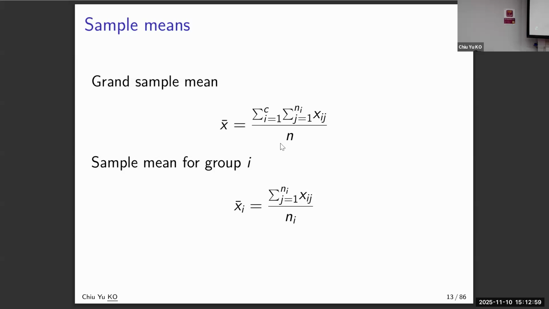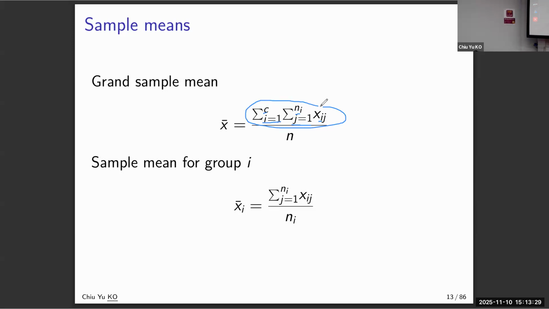You add up each group, from group number 1 to group number c, all the groups, and for each group from the first observation to the last observation. So it's simply adding everything divided by n. You forget about the grouping and just take all the data.